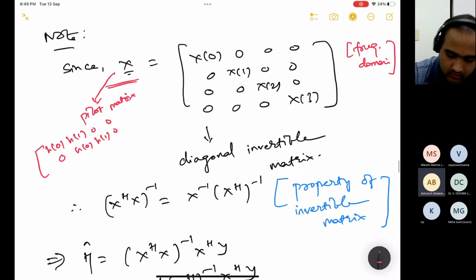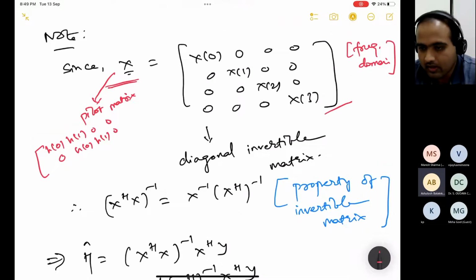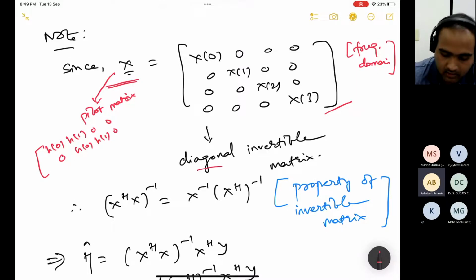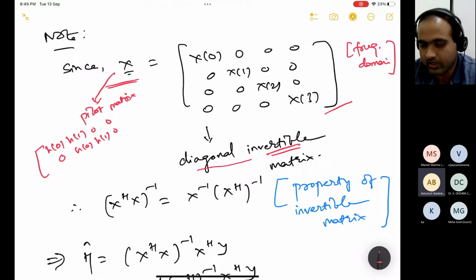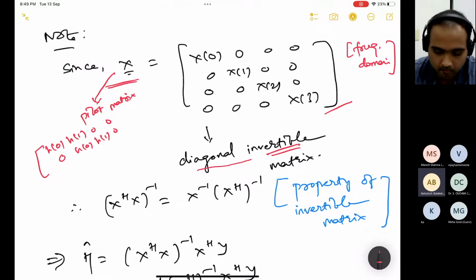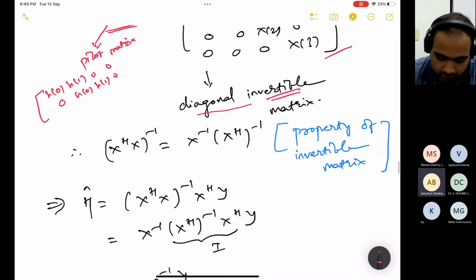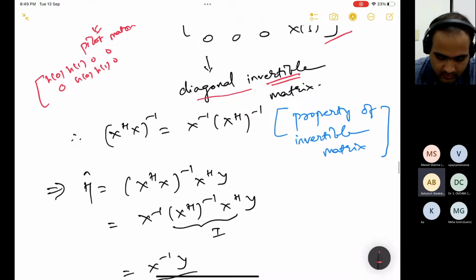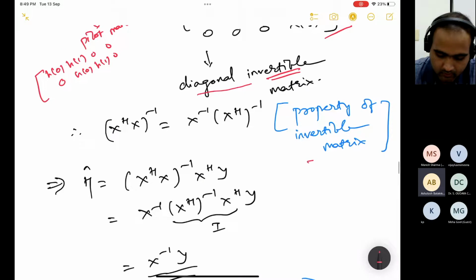But here, what we are seeing is that the pilot matrix in the frequency domain is a diagonal matrix, right? And if you have a diagonal matrix, then it is invertible, that is, its inverse exists. Since the matrix inverse exists, we use the property of invertible matrices, that is, (x Hermitian x) inverse x Hermitian is x inverse.